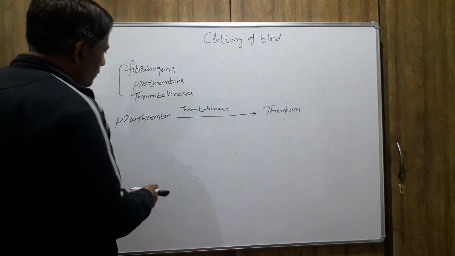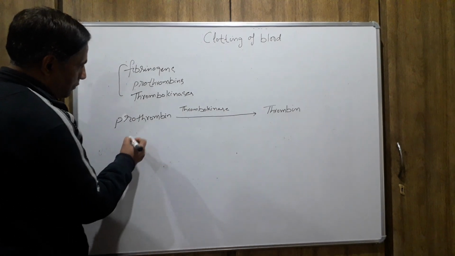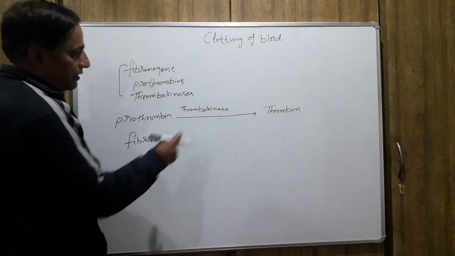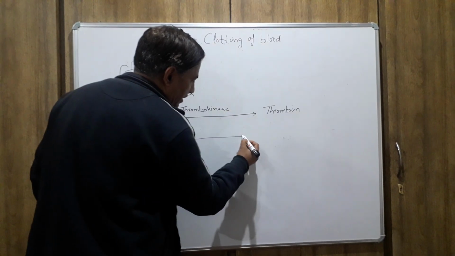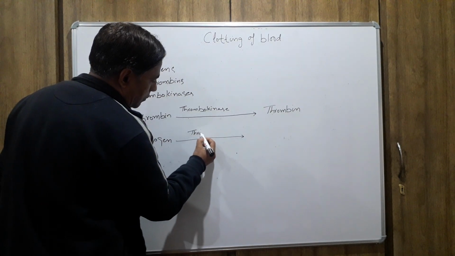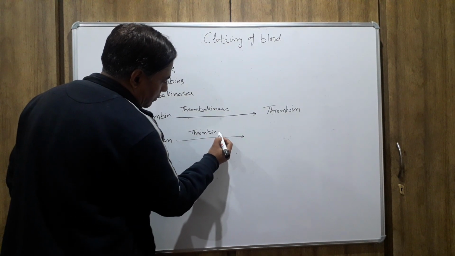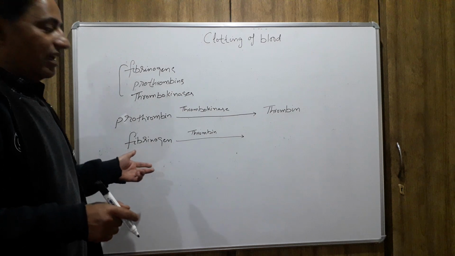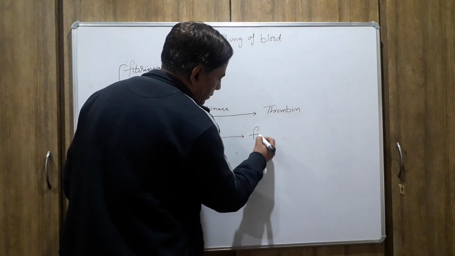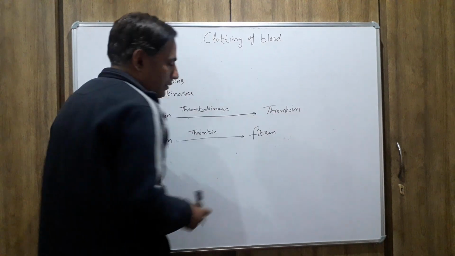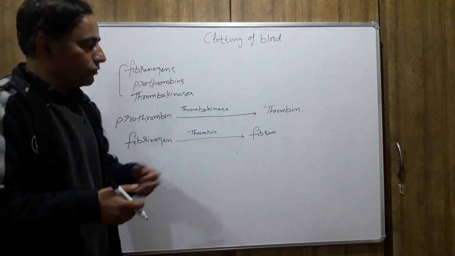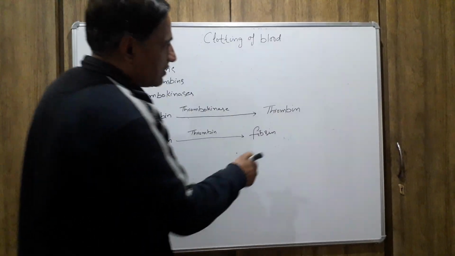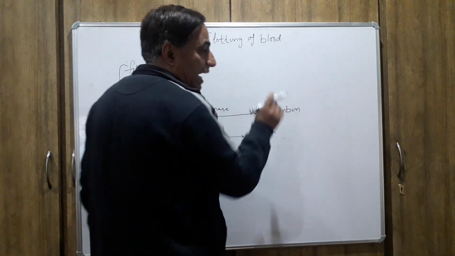And then this thrombin activates the inactive enzyme fibrinogen into an active fibrin. Fibrin is actually a fibrous non-globular protein. And it forms a network of threads at the site of the injury.